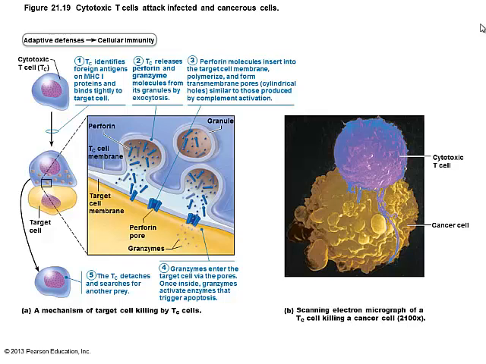Basically, they produce chemicals very similar to what we saw complement doing, creating complexes that poke holes in things. These guys make chemicals called perforins. And those chemicals do what? Perforate. Exactly.